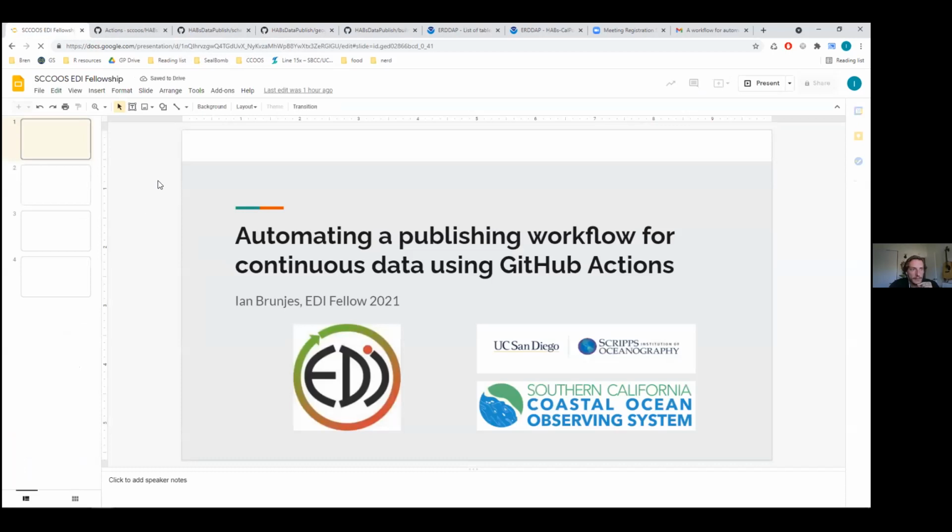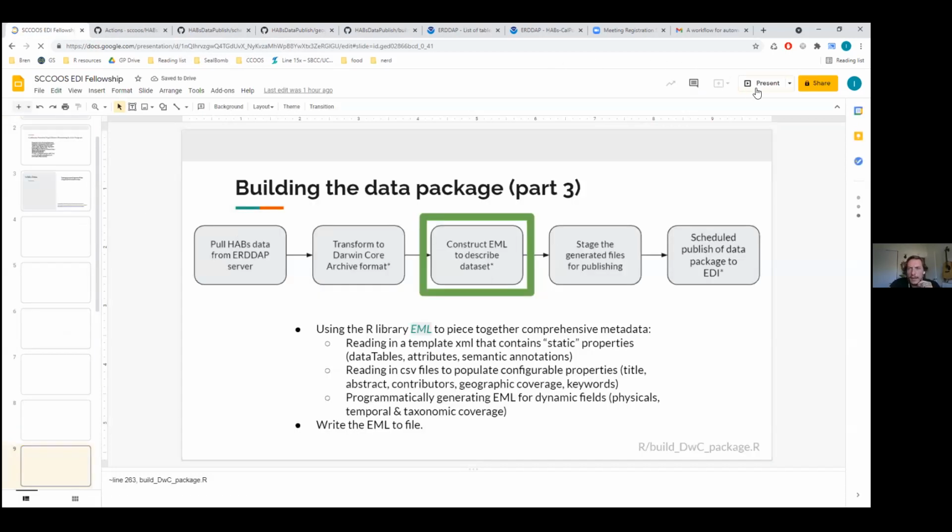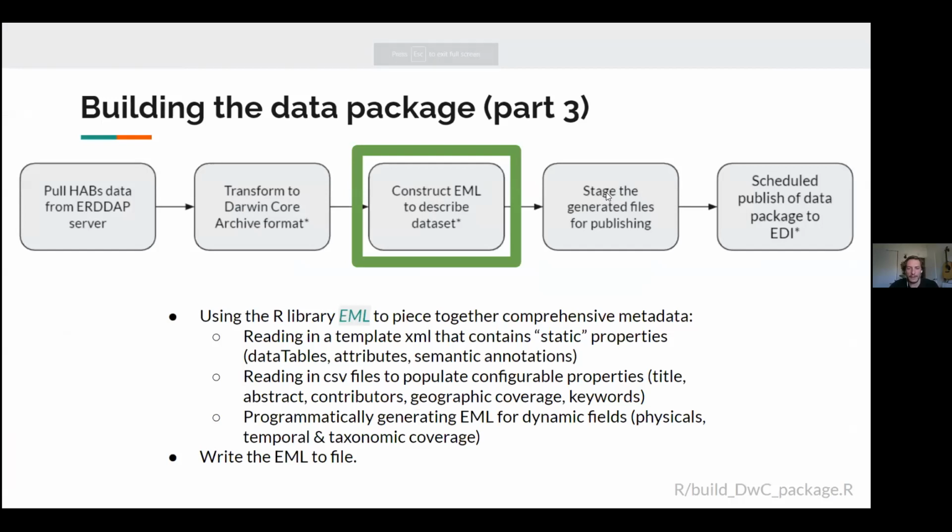So I have config files for geographic coverage, keywords, personnel, and title and abstract. And then the third approach here in creating EML is to programmatically generate EML for some of the more dynamic fields by essentially scanning the content of our data.